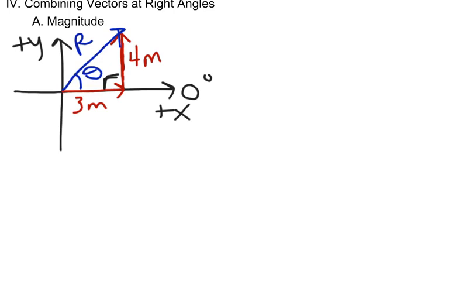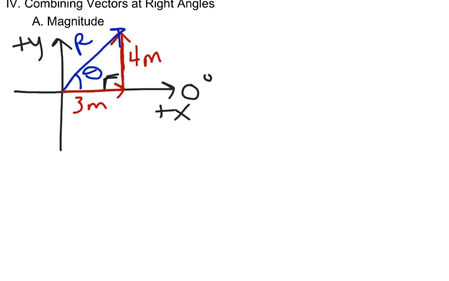Now, first we're going to find the total displacement of this person, also called the resultant vector, or the magnitude of this person's total displacement. So in finding magnitude, or R, we're going to use the Pythagorean theorem.